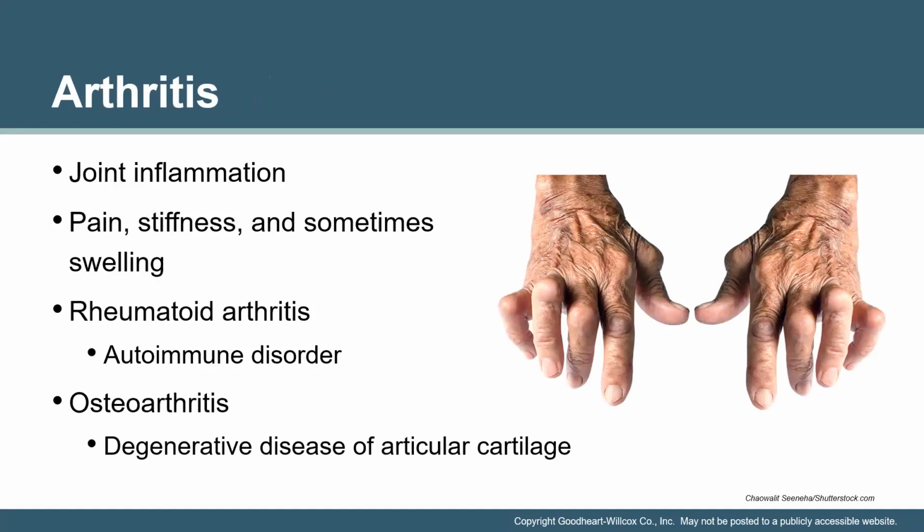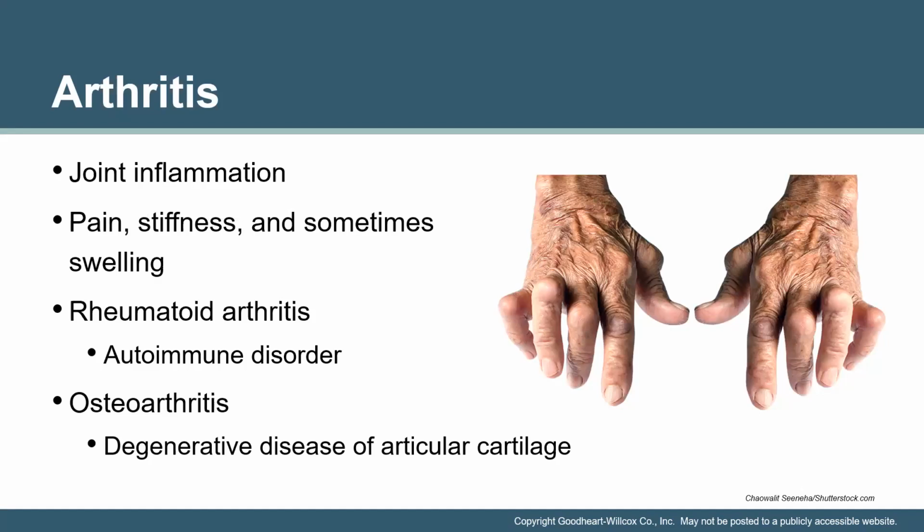Arthritis is when the joint is inflamed, and there are different types. Rheumatoid arthritis is an autoimmune disorder. You can differentiate between rheumatoid and osteoarthritis in that one of the diagnostic factors of rheumatoid arthritis is that it happens on both sides. It won't just happen on one side, and you'll see it in more than one place. It will kind of float around a little bit.